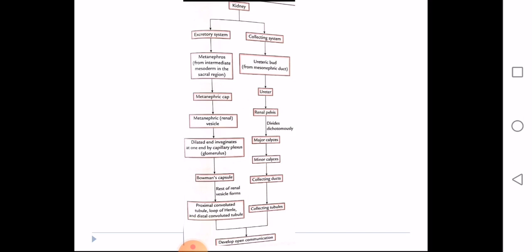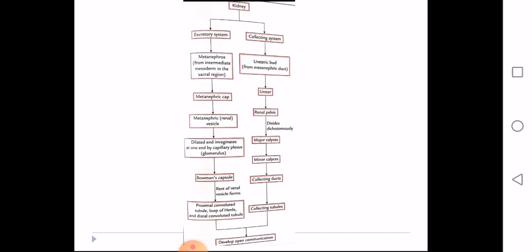The excretory part is developing from the metanephros and the collecting part is developing from the ureteric bud. You must remember that the metanephros is the intermediate mesoderm in the sacral region, while the ureteric bud is coming from the mesonephric duct.